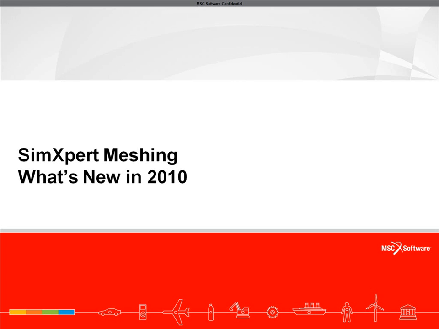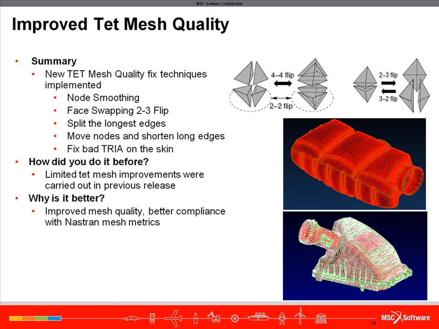Let me now talk about some of the meshing enhancements in this release. A new TET mesh quality fix technique has been implemented that includes node smoothing, face swapping, splitting the longest edge, and moving nodes and fixing bad trias.